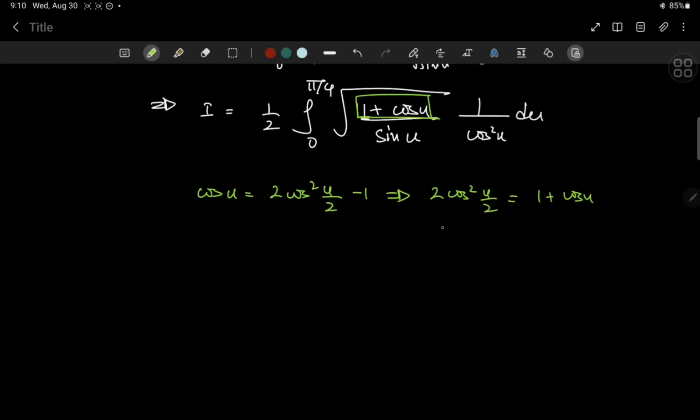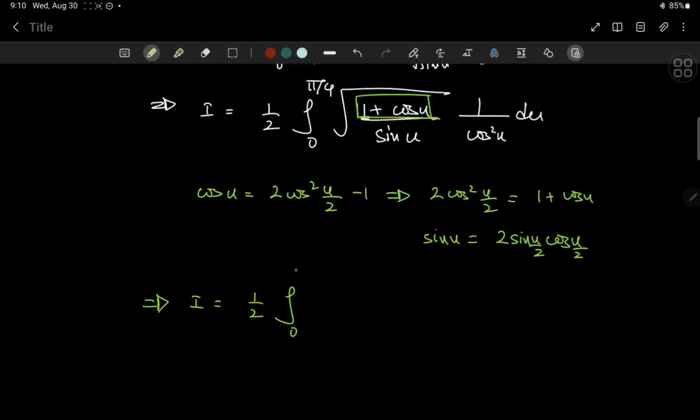And of course, we have the sine of u can be expanded as 2 times sine of u by 2 times the cosine of u by 2. Terribly sorry about that. So this implies that I can write my integral I as 1/2, and that's a pretty terrible implies sign. Much better.